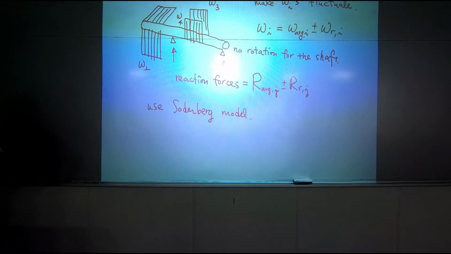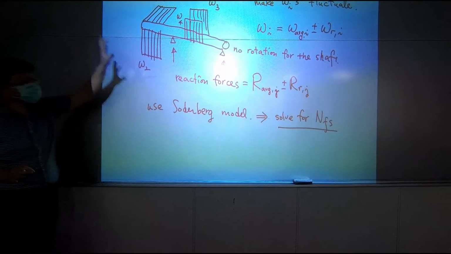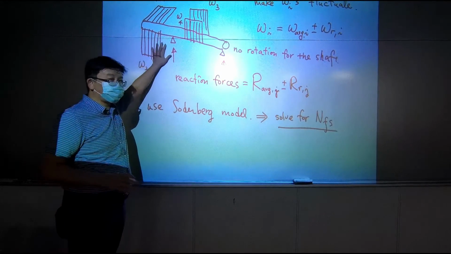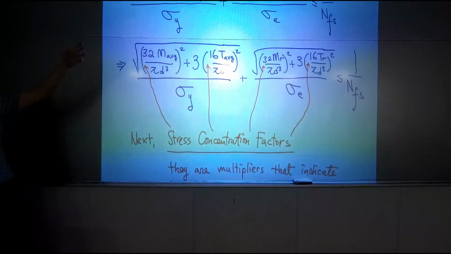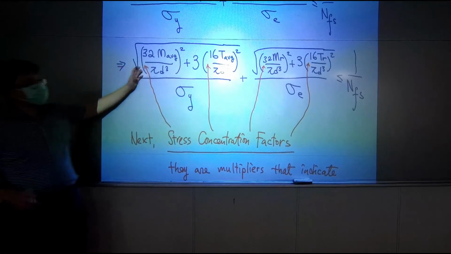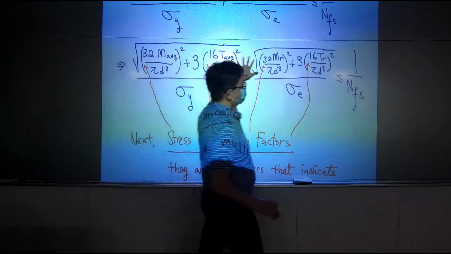And what do we solve for? We will solve for our safety level. So I will give you all the load conditions and also material properties. What you need to do is to plug in the equation. So you will know everything on the left-hand side.